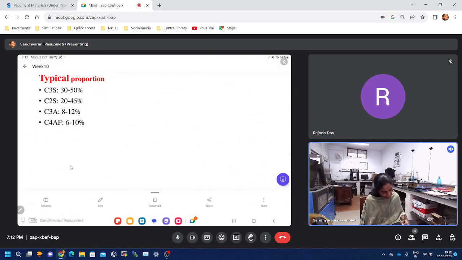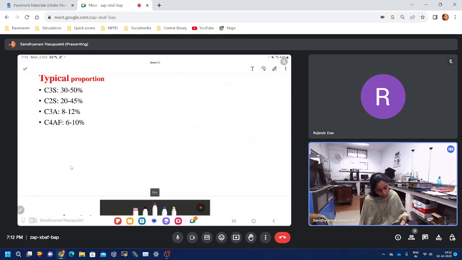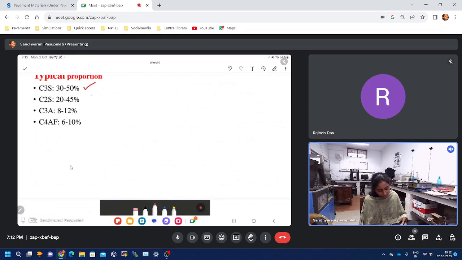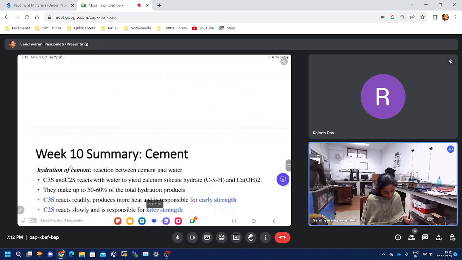If we see the composition, out of total cement, around 30 to 50% would be tricalcium silicate, followed by 20 to 45% of dicalcium silicate, 8 to 12% of C3A and 6 to 10% of C4AF.